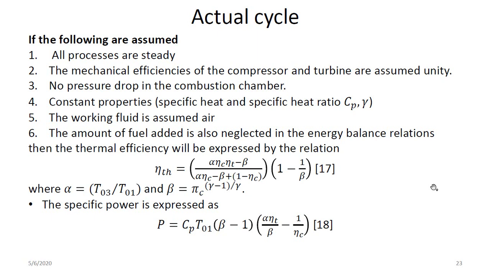So T03 is the turbine inlet temperature divided by the engine inlet temperature, and beta is the compressor pressure ratio raised to the power gamma minus 1 over gamma. So if you substitute them, you can get the thermal efficiency. And the specific power can be expressed by equation 18.